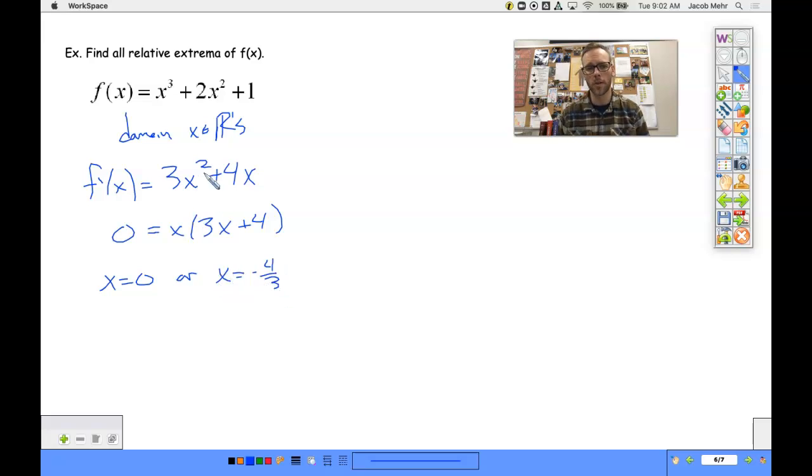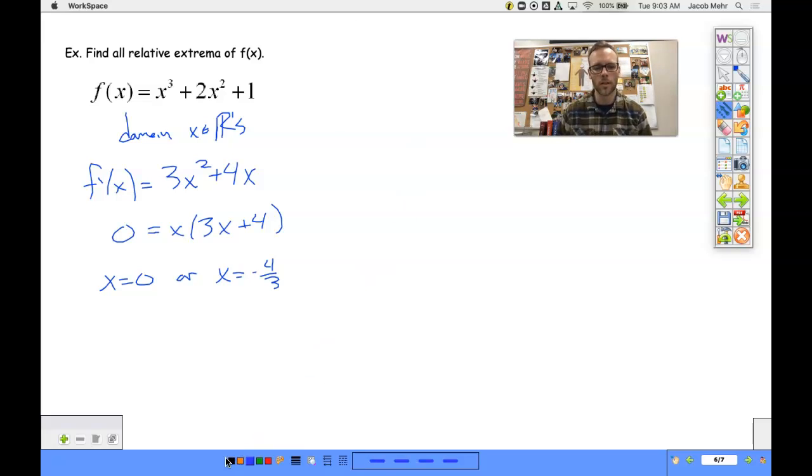Are there any values where the derivative is undefined, where it's not differentiable? No, the derivative is a quadratic. It exists at every value of x that's in the domain of our function. So these are our critical numbers. Before, we just plugged 0 back in, and we plugged negative 4/3 back in, and we used that to determine what the extrema are.